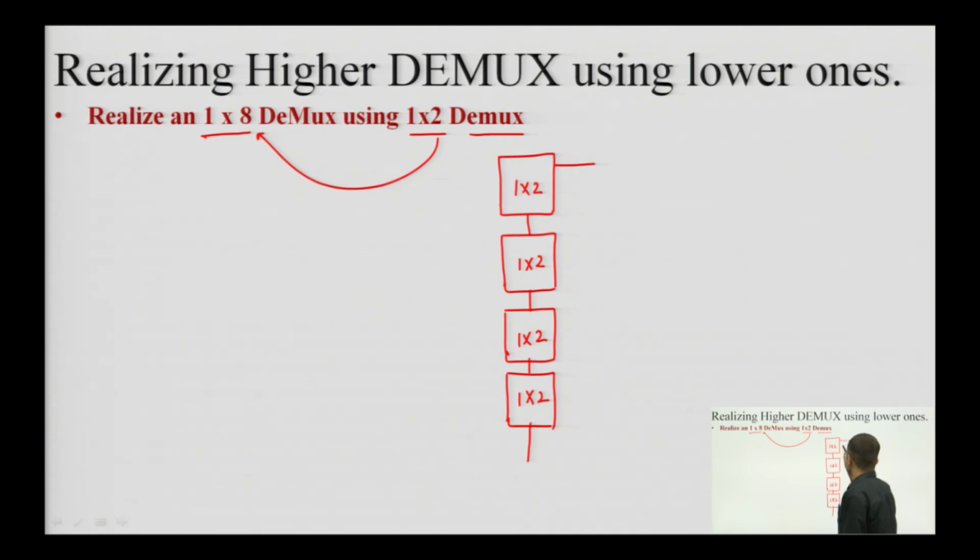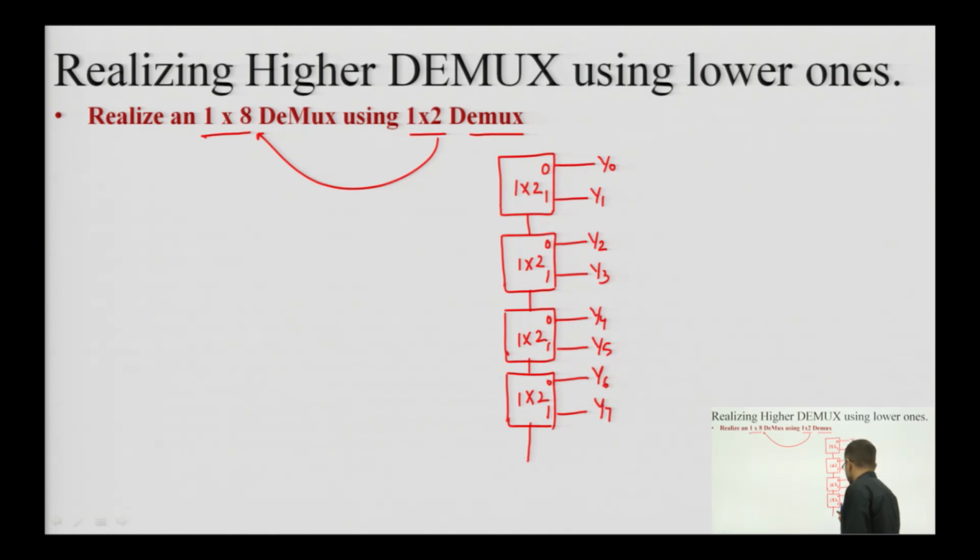These will be the outputs, which can be labeled as 0 1 from inside, and outside we can have any names. We can name them as per our convenience, as we are designing a 1 cross 8. So, I am naming them as they would have been named for a 1 cross 8 demultiplexer.